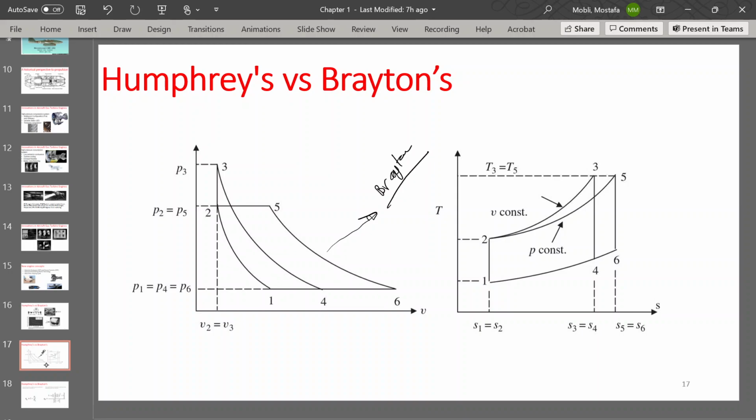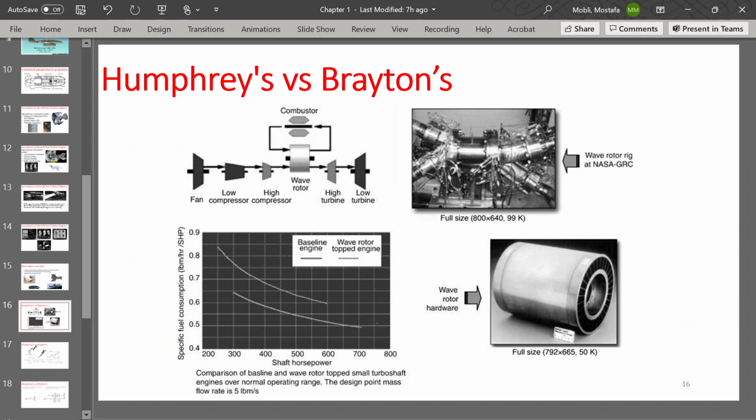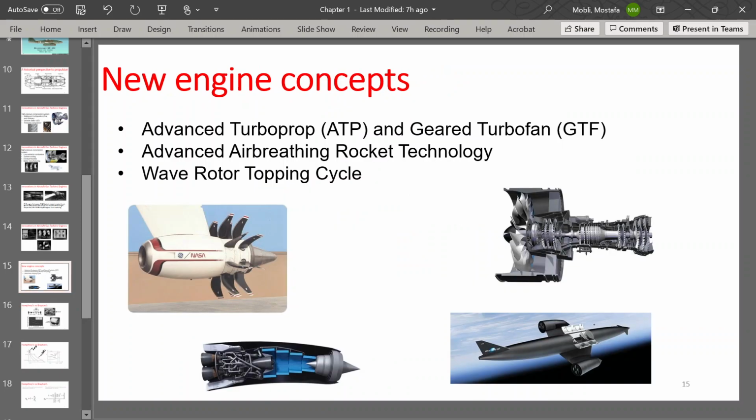But there's this new idea that the combustion happens during a constant volume phase. And this is the Humphrey cycle. The efficiency of the Humphrey cycle is calculated a little differently, and it is more suited for some specific new types of engines, specifically the last type mentioned that is not operational, the wave rotor topping cycle engines.